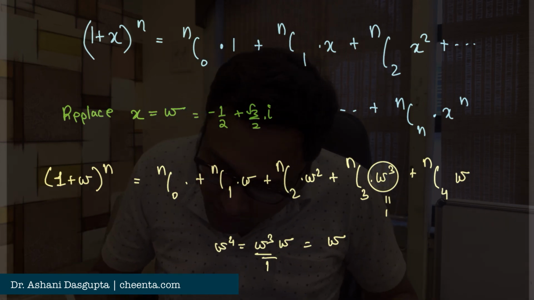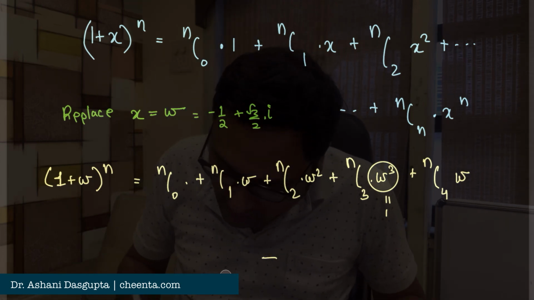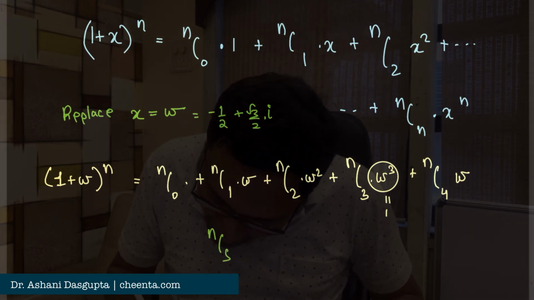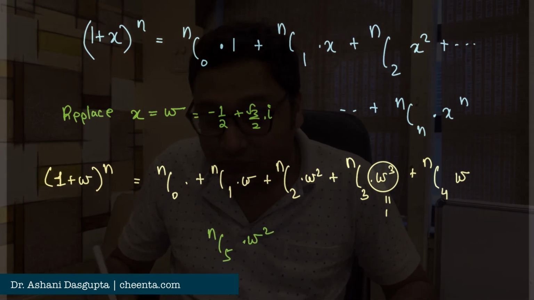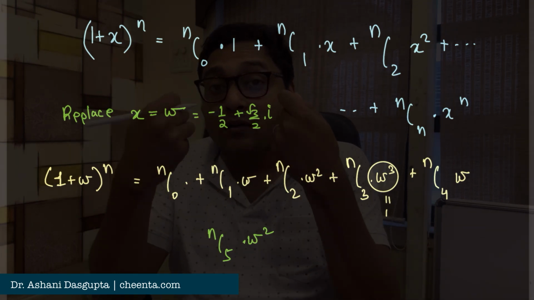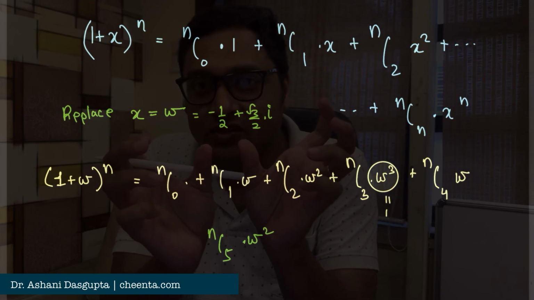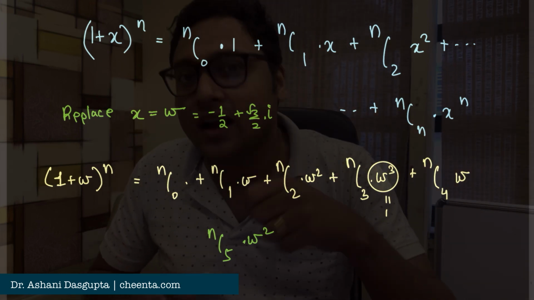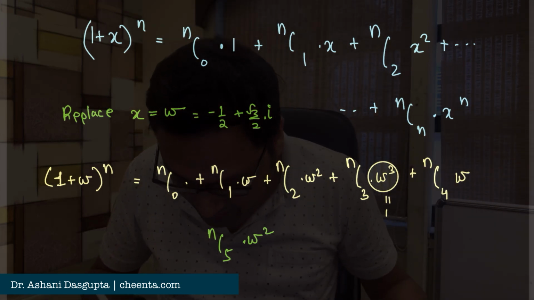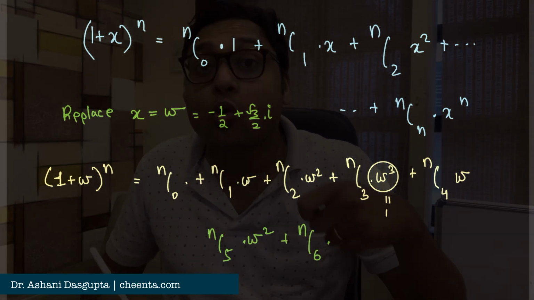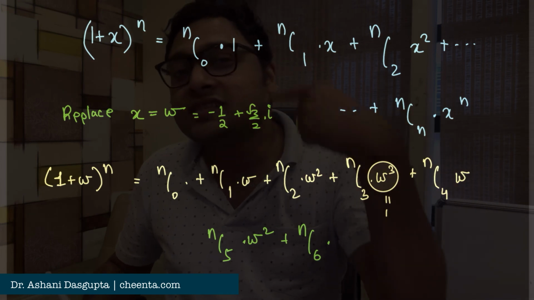So n choose 4 times omega. So I'm just going to write the reduced form. n choose 5 times omega square. Well, actually it's omega to the power 5, but you can split it into omega cube times omega square, and omega cube is just 1, so omega square is remaining. n choose 6 times omega to the power 6, which is again 1.